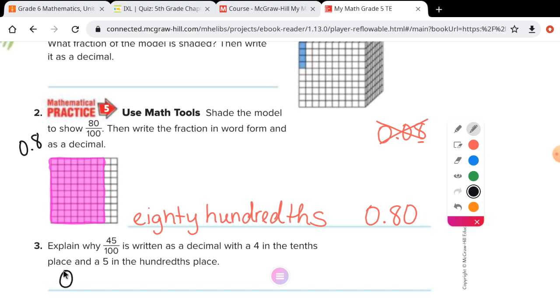Okay, 0.45. Let's talk money for a second. If you had that much money, what coins would you probably have? Fisher? A quarter 2 times. A quarter 2 times. Okay, let's just split it.